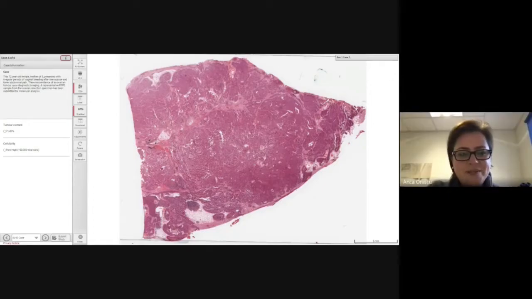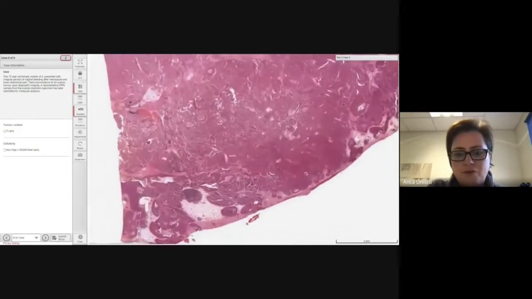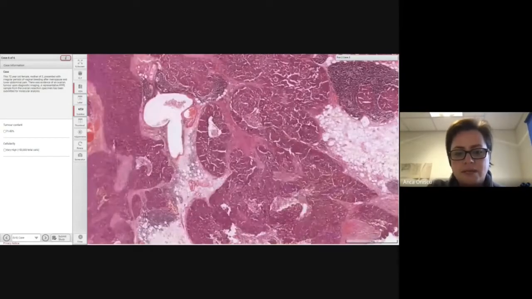Yes, thank you. So this last case is a section of an ovarian tumor that was diagnosed in a 72-year-old lady who presented with postmenopausal bleeding. So we can see that there is a significant amount of tumor that looks quite solid on the section.